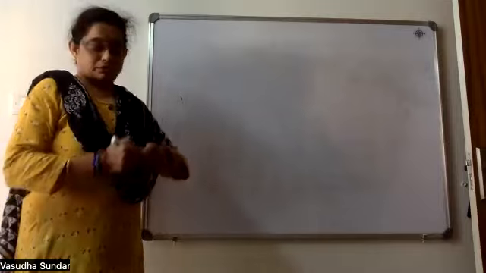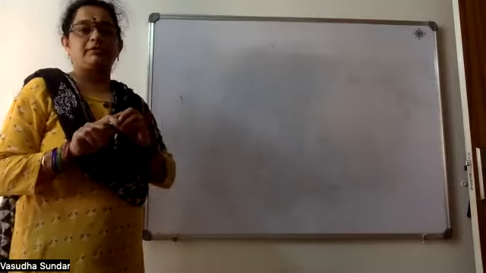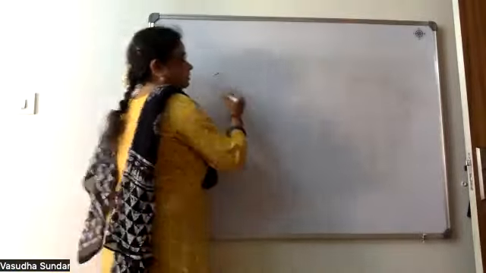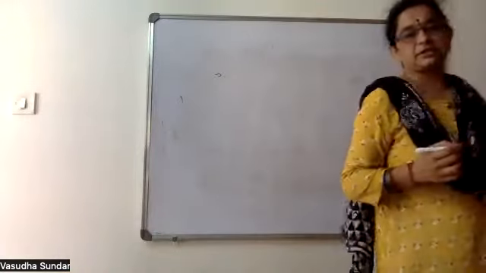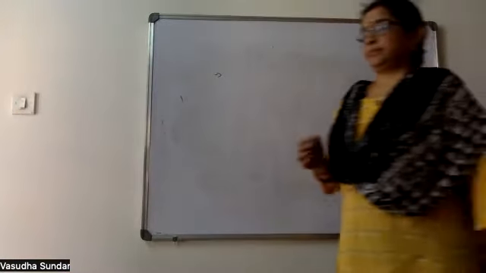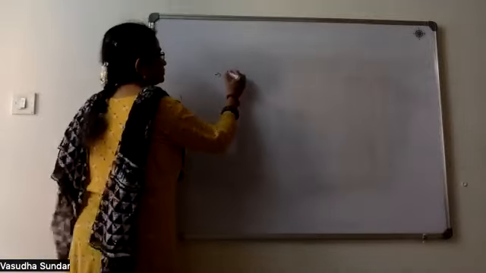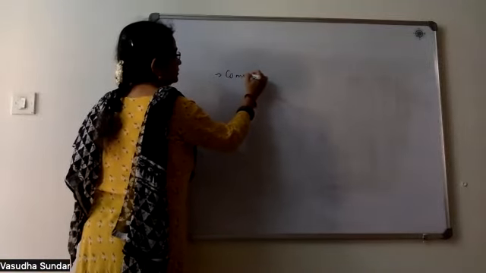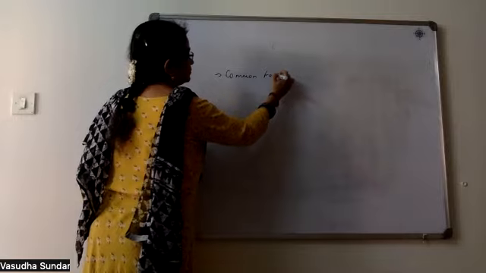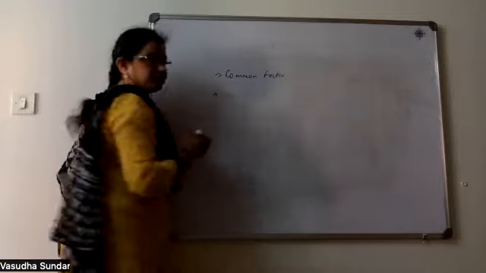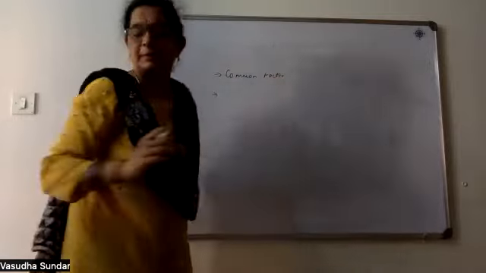Okay. So, what all have you done? Whenever you start your factorization, you have to go in this order. Common factor. Then you check for grouping.